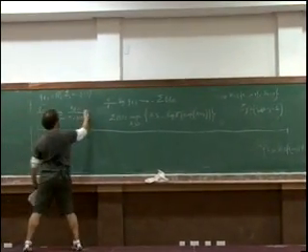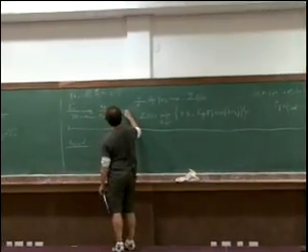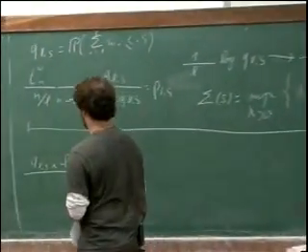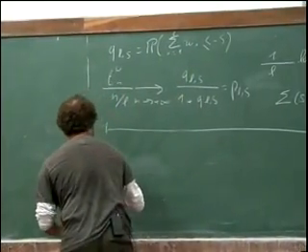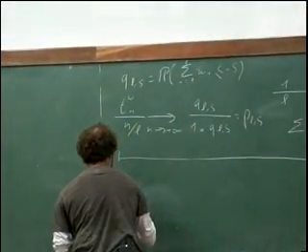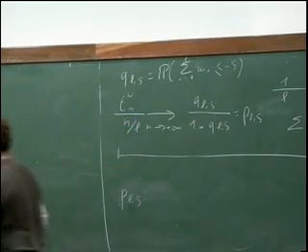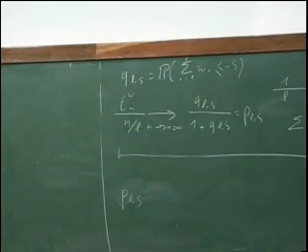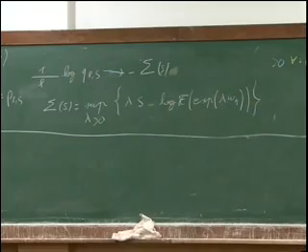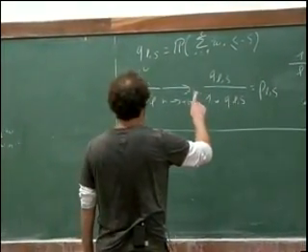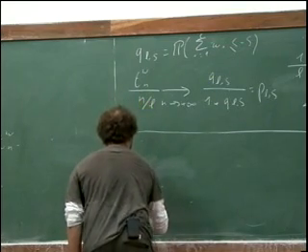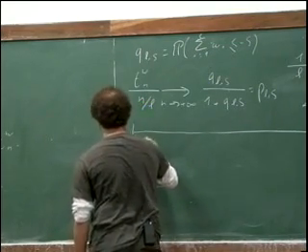Let's call it PL delta. And finally you get PL delta times PL delta divided by L, as n goes to infinity.